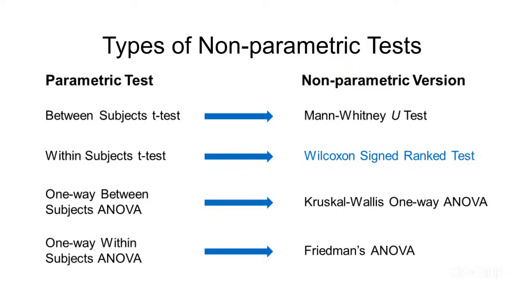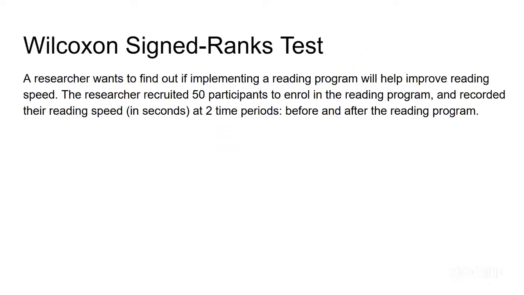Now we are coming to the within subject test, and in case of the non-parametric, that will be the Wilcoxon sign rank test. A researcher wants to find out if implementing a reading program will help improve reading speed.